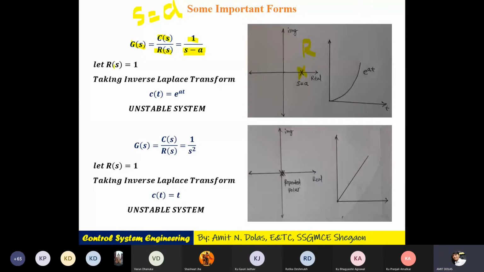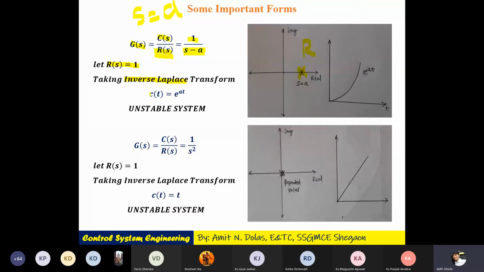Again, I want to plot the response of this, but which response? Impulse response. And for impulse response, we take input R of s equal to 1. Then c of s will be equal to 1 upon s minus a.